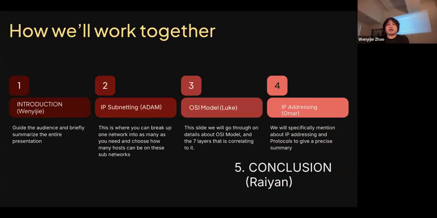How are we going to work through this? We are going to talk about the general ideas of what we have learned, including IP subnetting, the OSI model, and IP addressing. And we will conclude in the end.